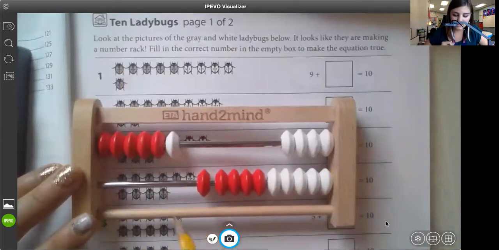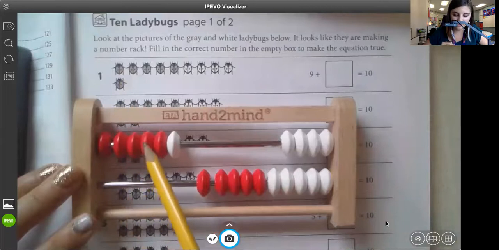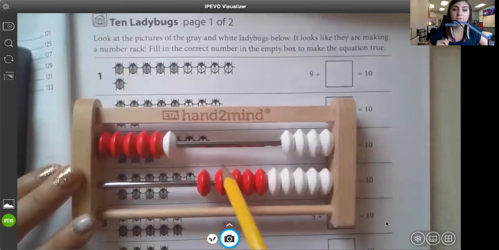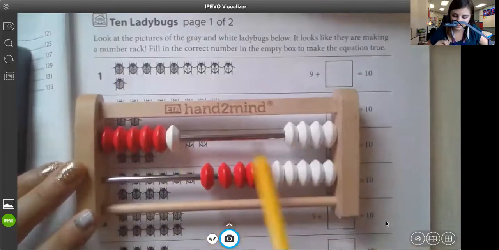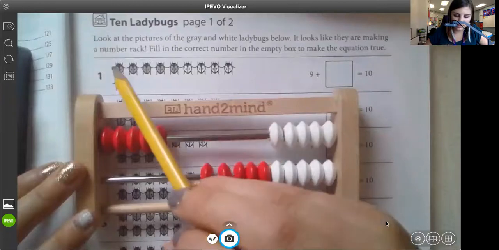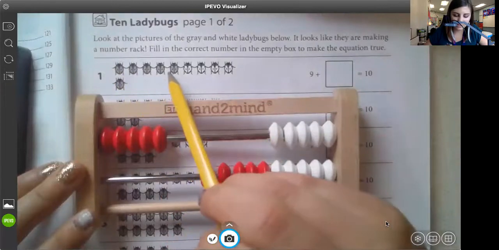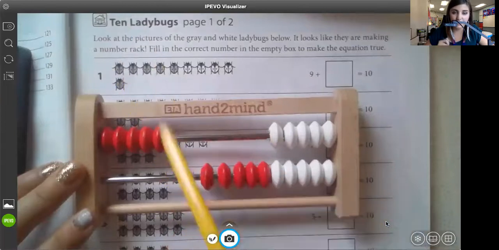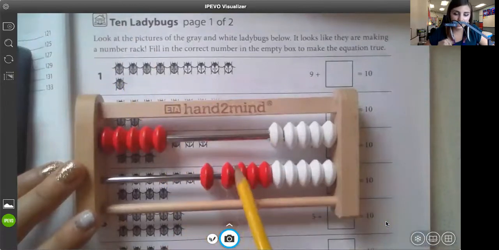Because if there's white next to it, that means 1, 2, 3, 4, 5. Oh, that is 5. And then the white would be counting on from 6, 7, 8, 9, 10. Since there's all of the red ladybugs there, and it goes to the white one, we know that there's 5 red ladybugs. Let's double check though.